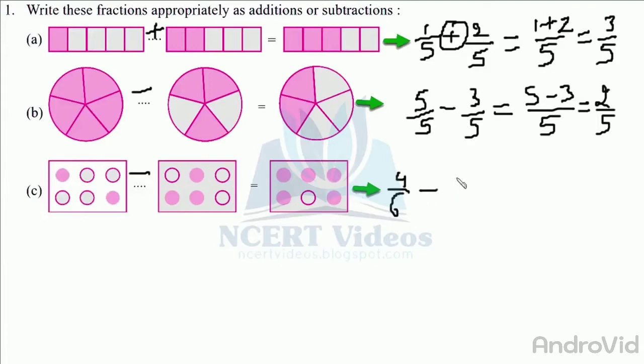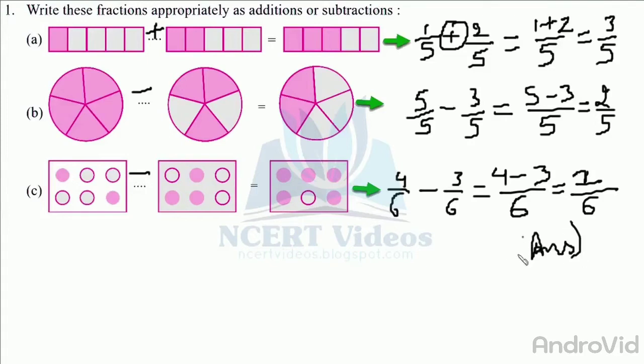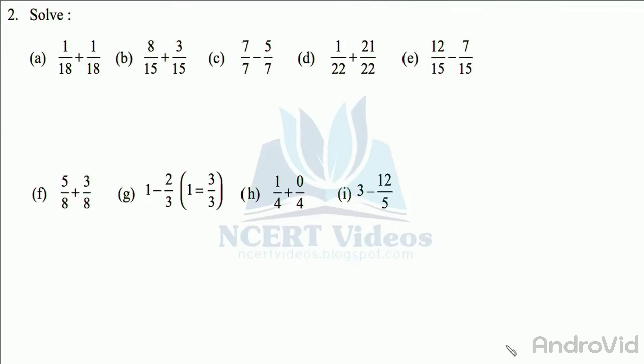Initially we had 4 out of 6 parts, and when 3 parts are taken out of 6, again taking LCM and also applying some common sense, what we get is 4 minus 3, because the denominator is the same, so you just have to subtract. So 1/6 is the answer for the C part. That was your answer.